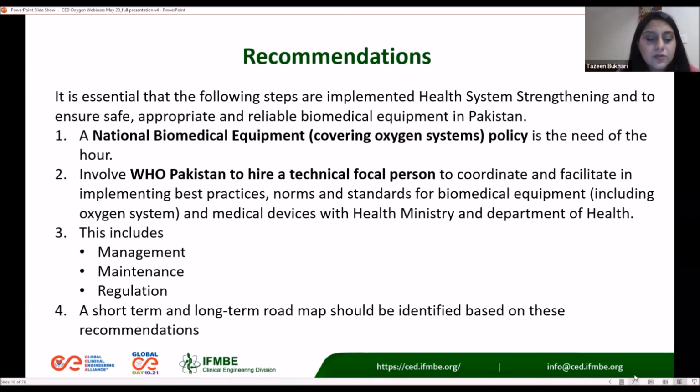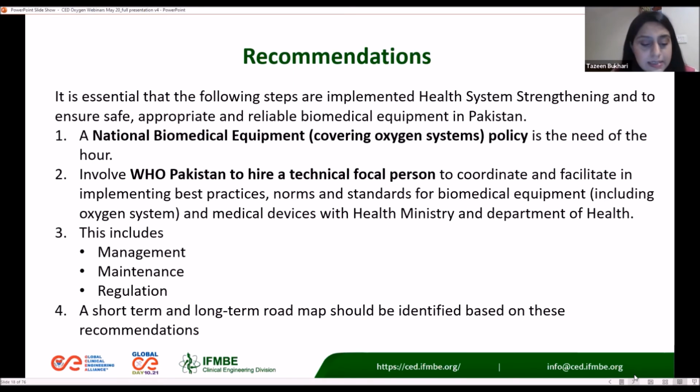The survey leads to a conclusion that we need to work on a national policy for biomedical equipment. And WHO Pakistan can help by hiring a clinical engineering team or a clinical engineering lead who could help the government to implement these standards and norms for biomedical equipment. This includes management, maintenance, and regulation of biomedical equipment, including the oxygen systems.